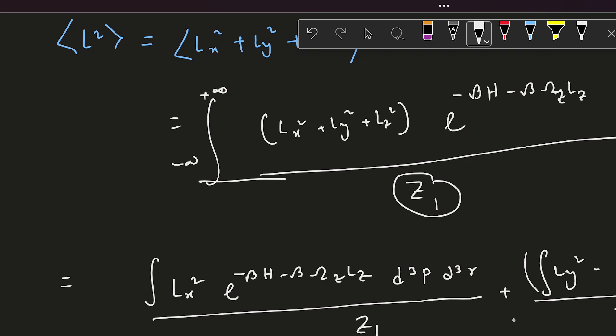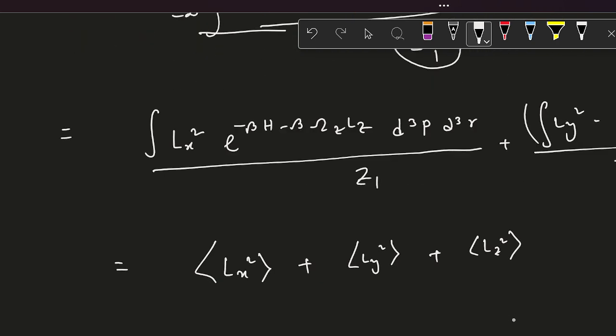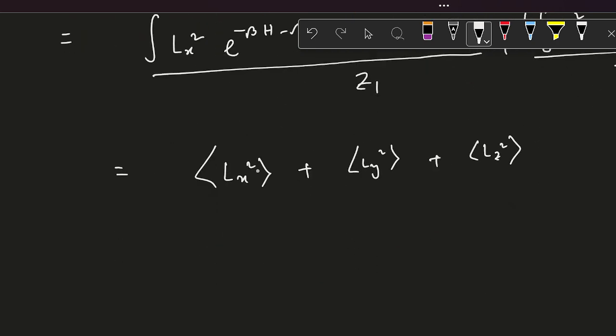We can do that separately because they are all individual terms, so you can separate them out. If each is an individual average, then you just have to figure out the individual values of them, and you can get to the final answer. So let us deal with each integral separately.